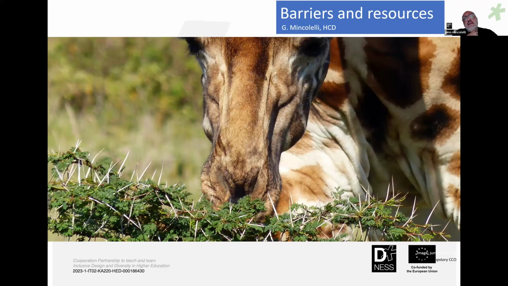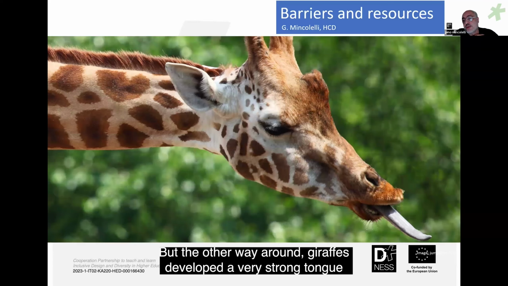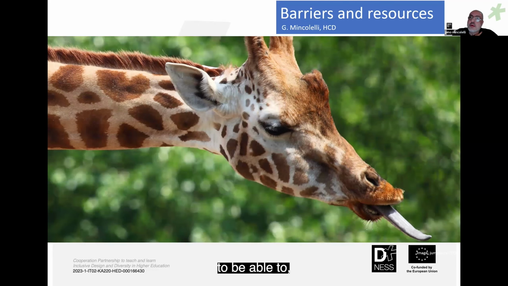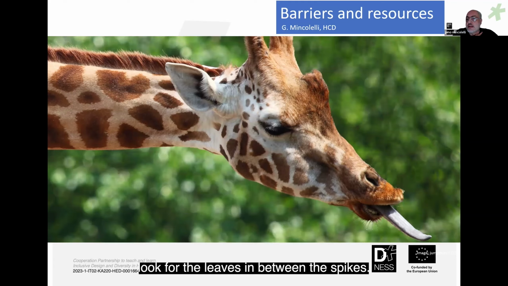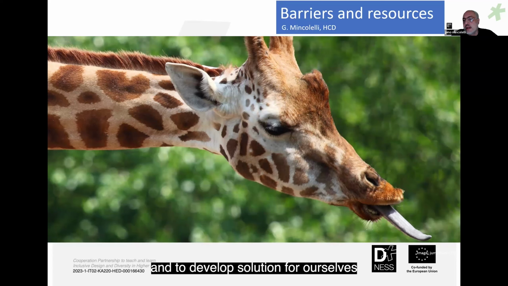that are very sharp, very long, very strong. And the other way around, the giraffe developed a very strong tongue to be able to look for the leaves between the spines. So it's a continuous design activity in life to develop instruments, tools, solutions to protect resources using exclusion, and to develop solutions for ourselves to reach other resources, inclusive for us.